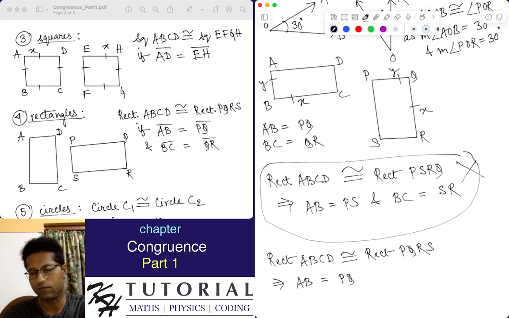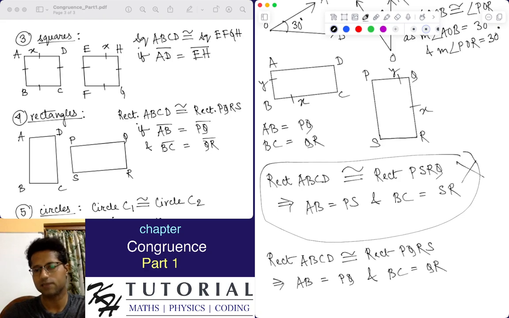So similarly we will have to take the first two letters from the second rectangle, that is PQ. So we can clearly see that AB is equal to PQ, and this congruency will also imply BC is equal to QR.